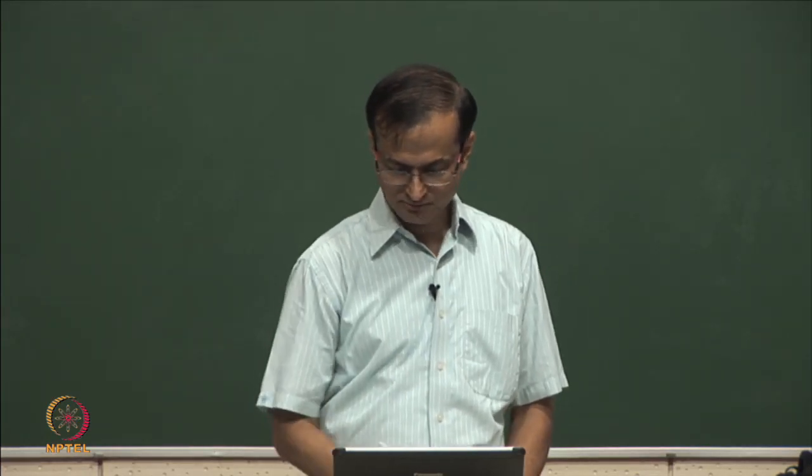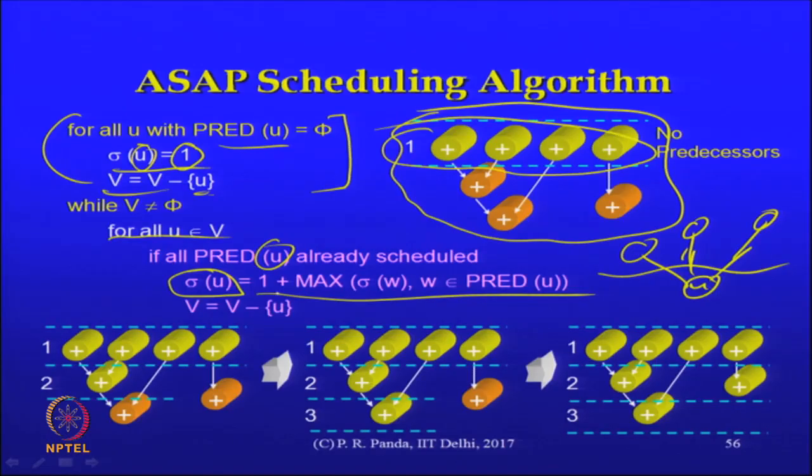It is not valid simply because if you use this computation, 1 plus max of the predecessors, what does it mean if you do not have a predecessor? You have to appropriately define it, that is all. You could write the whole thing in one loop, taking that into the initial condition also as part of that computation. Okay. So, with this you are not necessarily identifying the nodes one level at a time, but you would get a result which is the same.